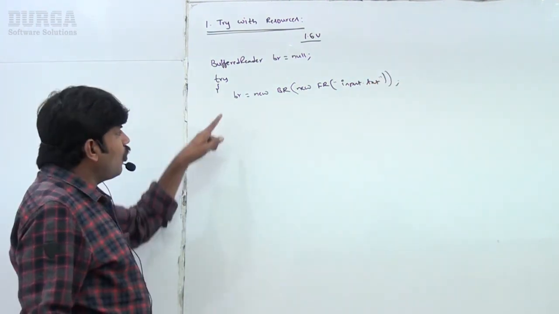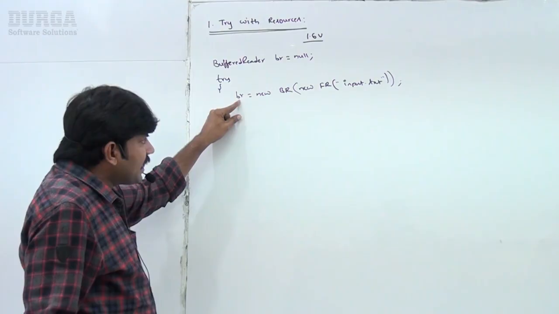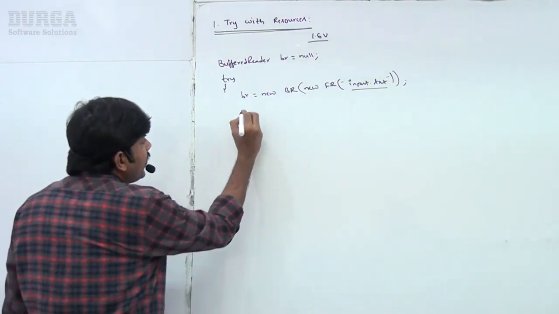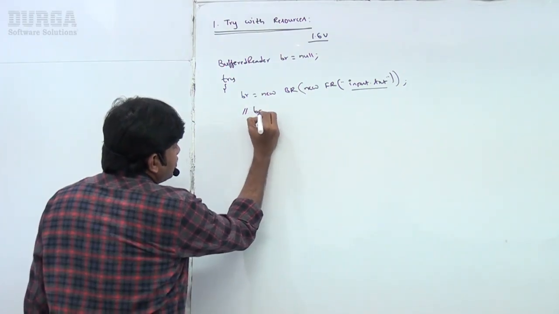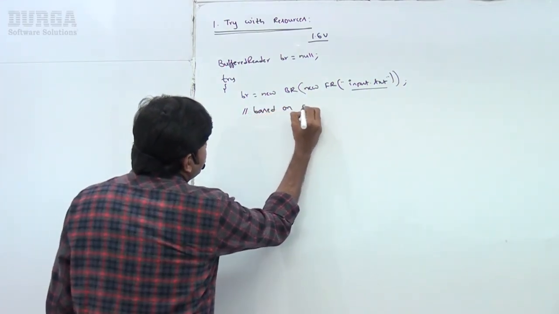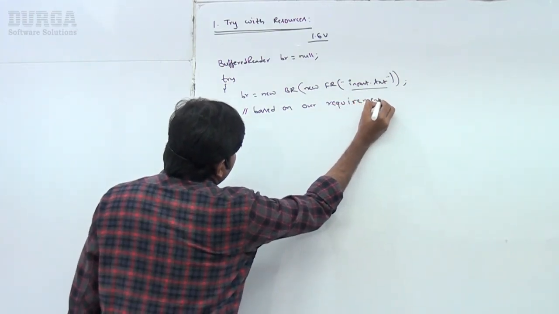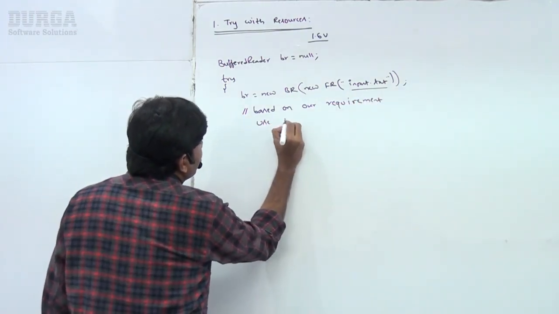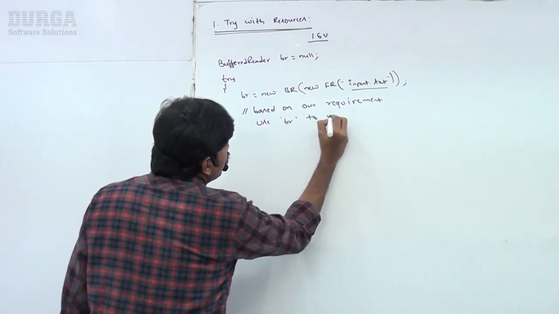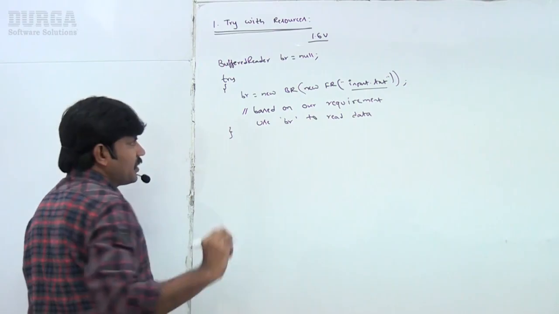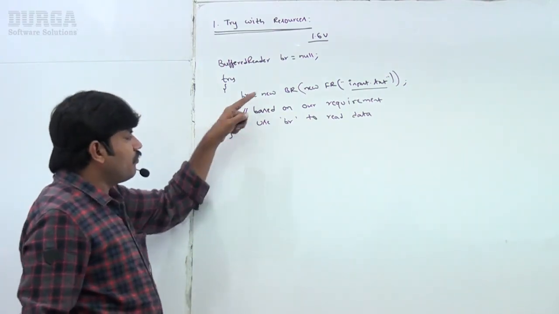That's all, so I open a reader for input.txt. Now read the data based on our requirement, use br to read the data. Sir, this is just pseudo code I'm telling. That's all, I open br.